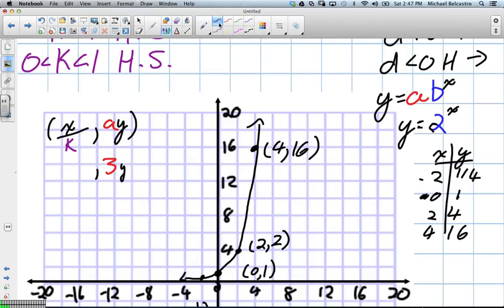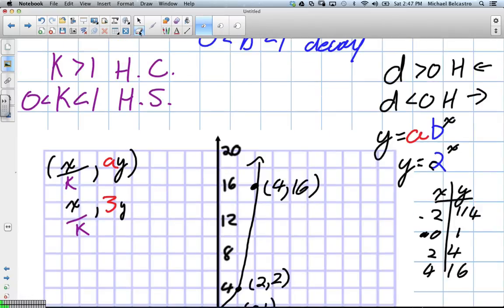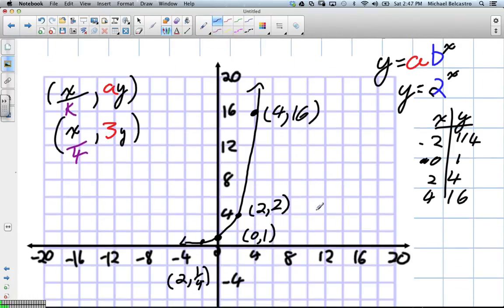And we're also going to take all our major x values and divide them by our value of k, which happened to be, whoops, what did it happen to be in this case? 4. Okay, so we're going to divide by 4. So this will be kind of our model for our stretches and our compressions, right? So let's take a look at all these values.